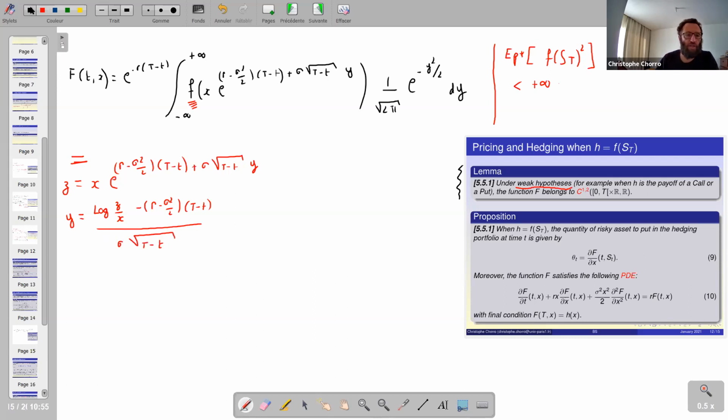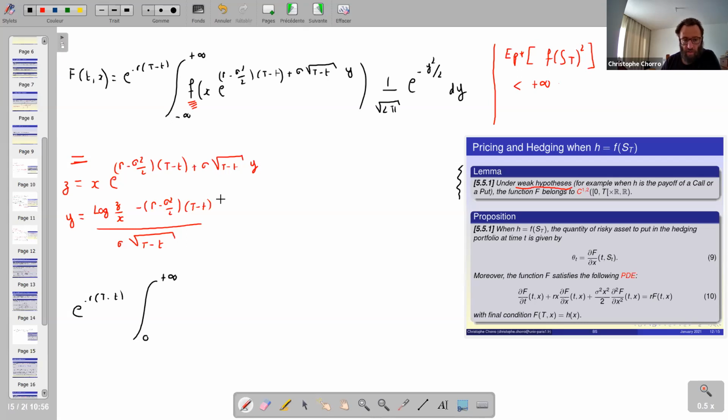And if I do this change of variable, this integral here becomes what? I have the exponential of minus r (capital T minus t), that doesn't change. Y belongs to all of R, and z is equal to this one here, so z belongs to R plus, so it will be an integral from 0 to plus infinity.